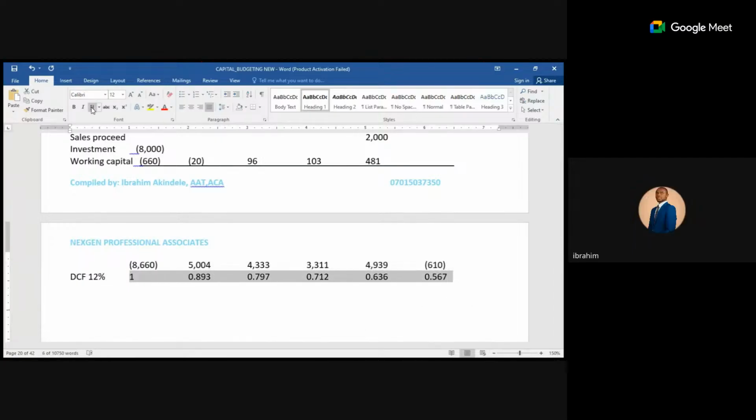So what is the present value? This will be 8660. What do we have here? 4469. What do we have here? 3453.